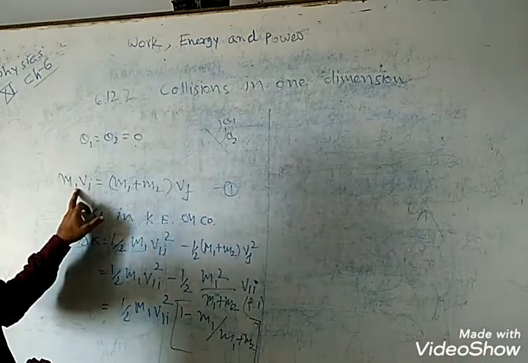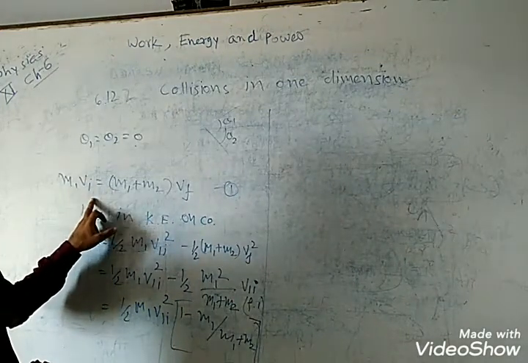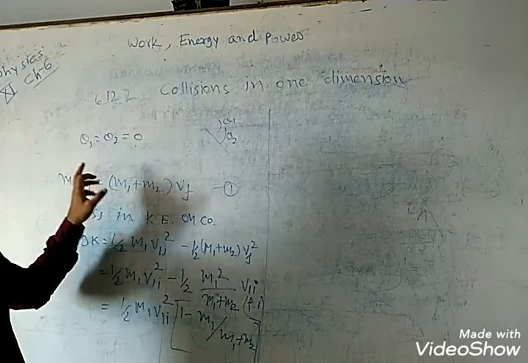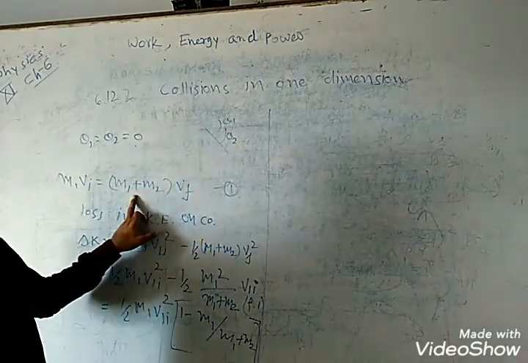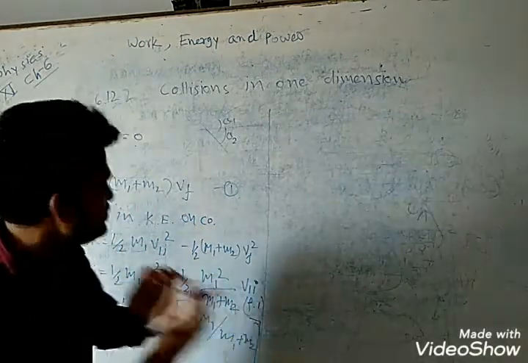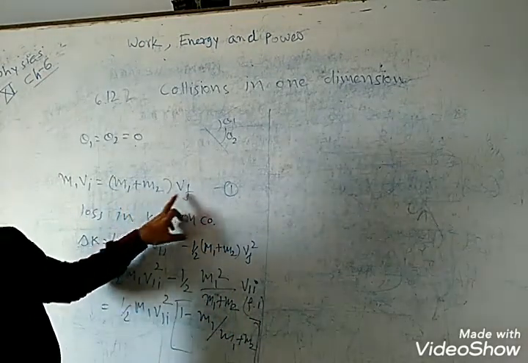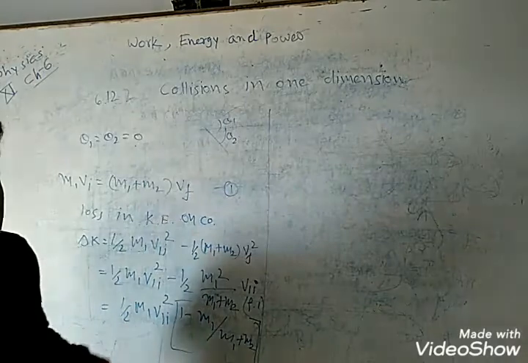Before collision it is m1 v1i, since m2 is at rest. After collision it is m1 plus m2 into the final velocity.